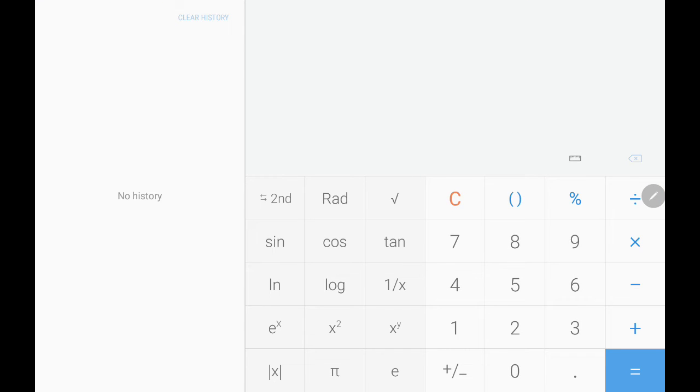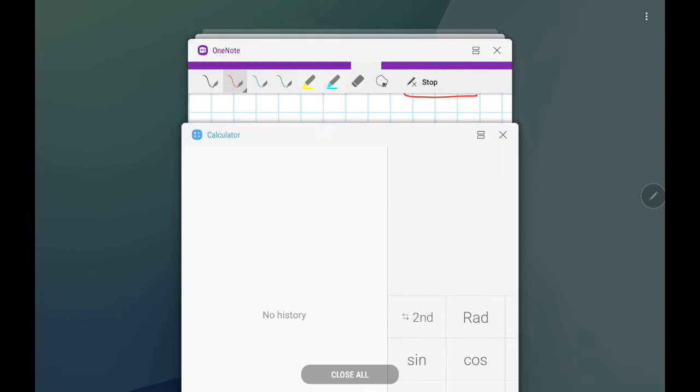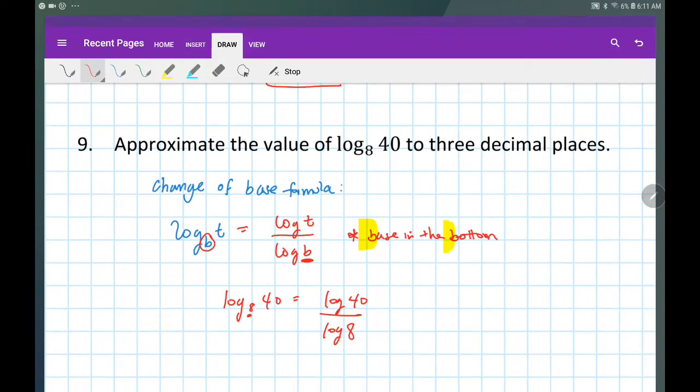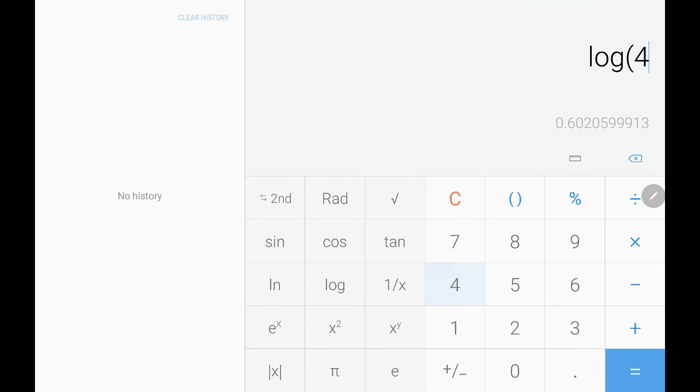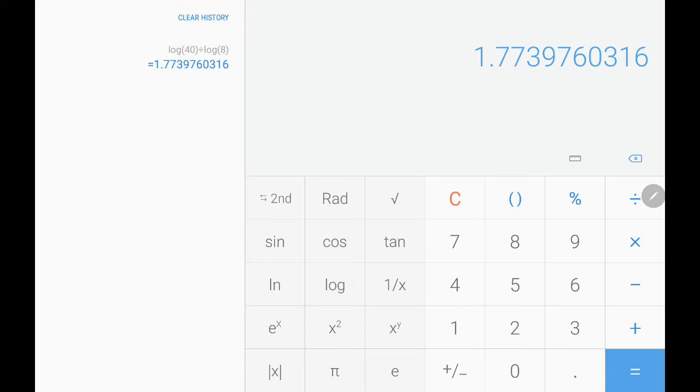So I'm going to first hit log of 40, close parentheses, and divide that by log of 8, close parentheses, 1.77397.